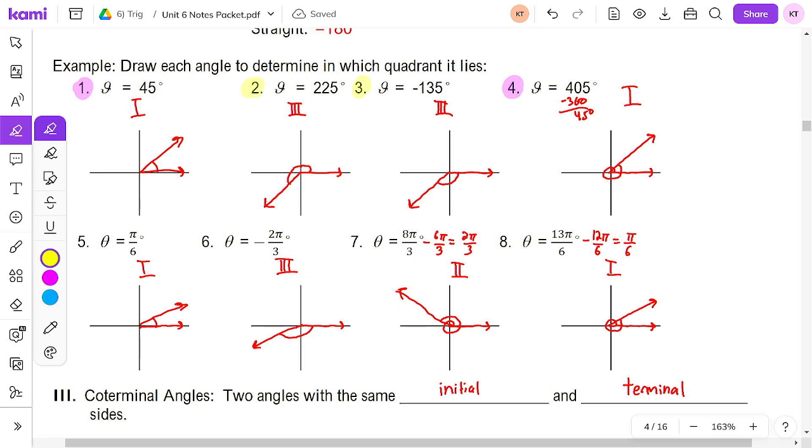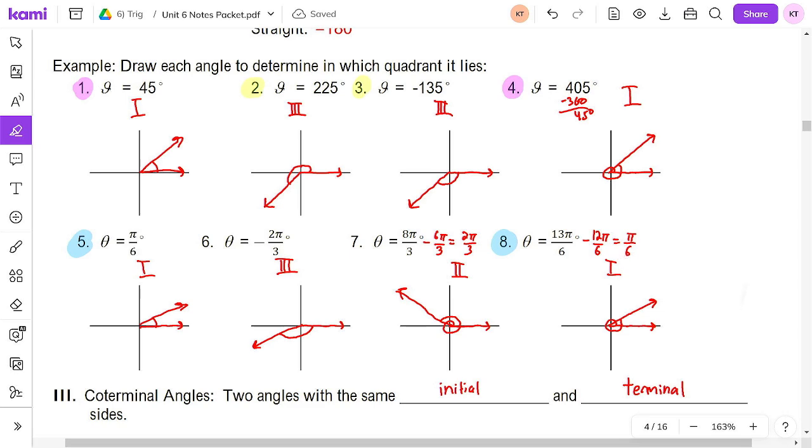The only difference is that one is negative and one is positive, but despite that, they still start and end at the same place. And if I look at my bottom section here, angles 8 and 5 are the same, because one is just pi over 6 and the other is just an additional rotation around, which is 13 pi over 6.